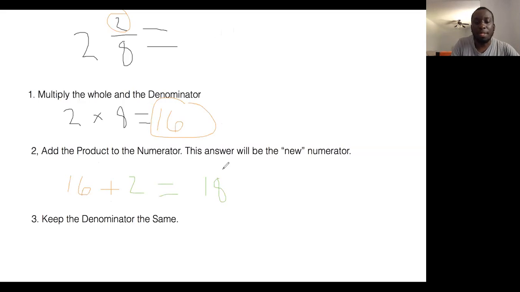So now I just did step 2. Then it says this answer will be the new numerator. So let's go down to step 3. I'm going to keep my denominator the same, which is 8. And this says in step 2, this answer will be the new numerator. So that's my new numerator.